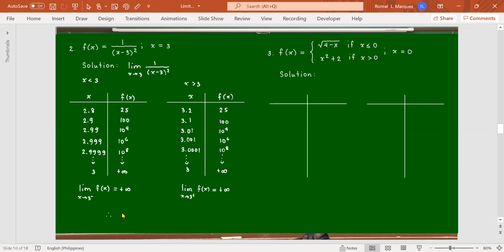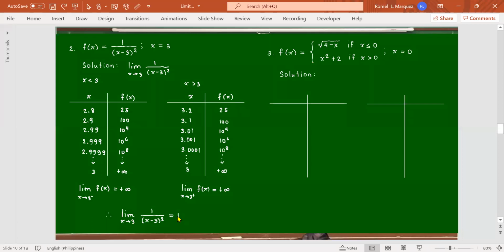So therefore, the limit of 1 over x minus 3 quantity squared as x approaches 3 is equal to what, guys?